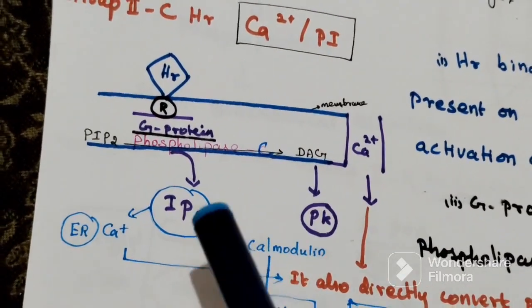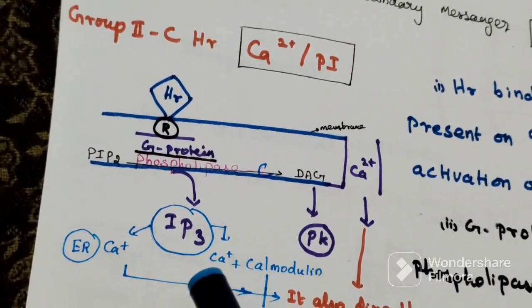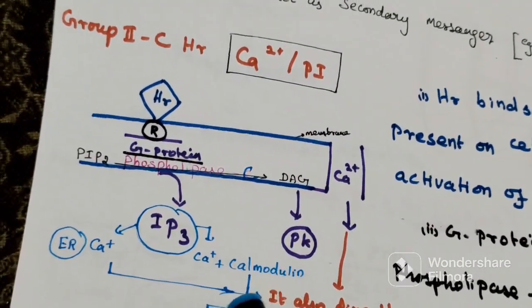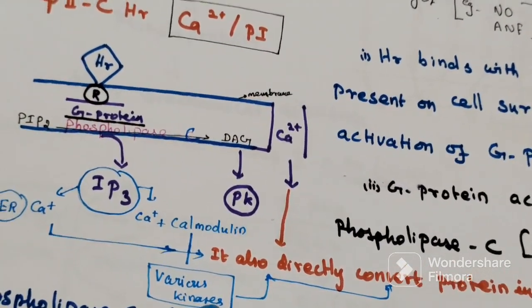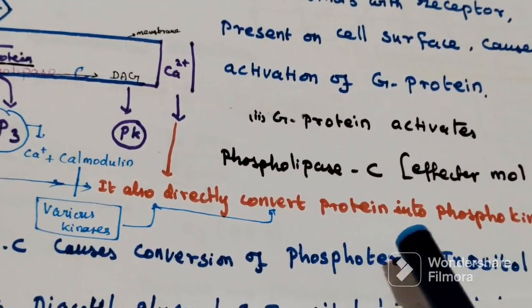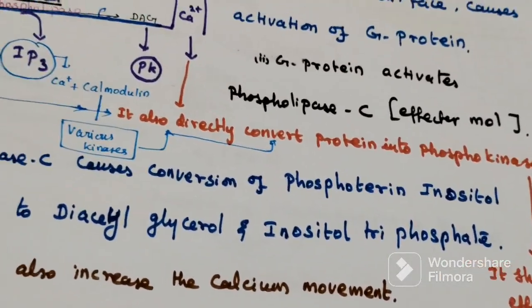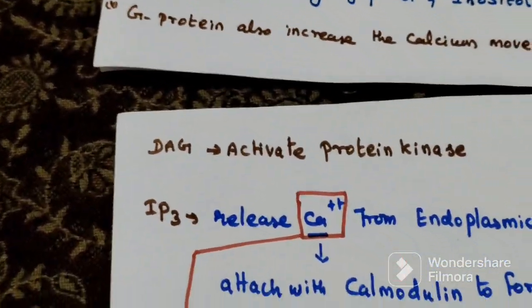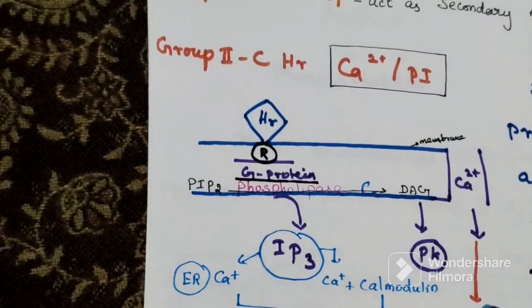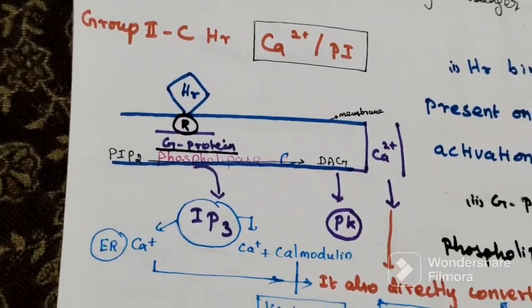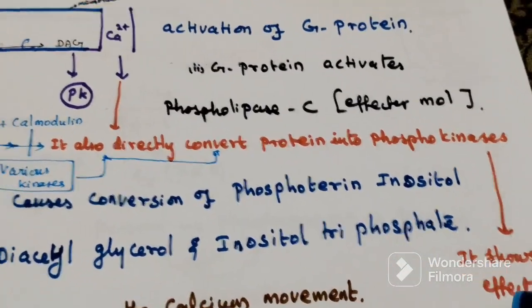The inositol triphosphate releases the calcium, which binds with calmodulin, and then the calcium calmodulin complex forms. It will activate various kinases, conversion of protein into phosphoprotein, and then it shows its effect. Then this calcium is also directly converting protein to phosphoprotein, and then it shows its effect.